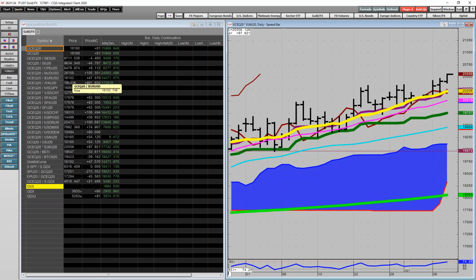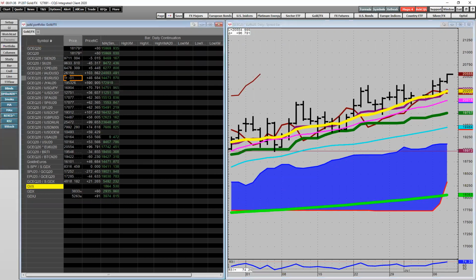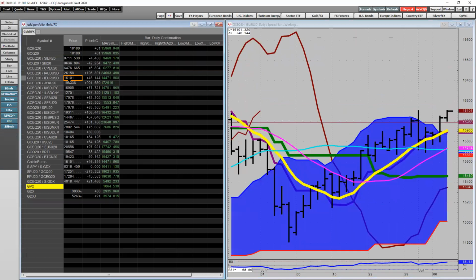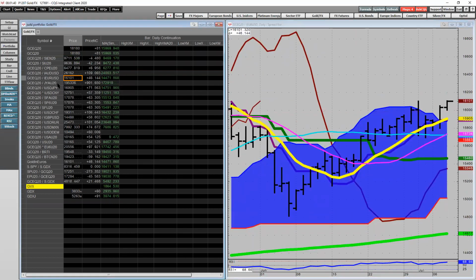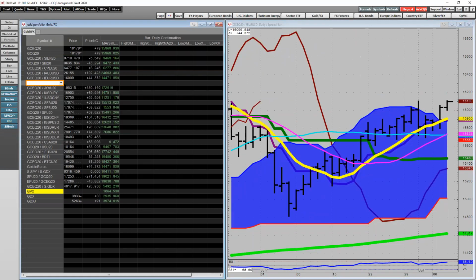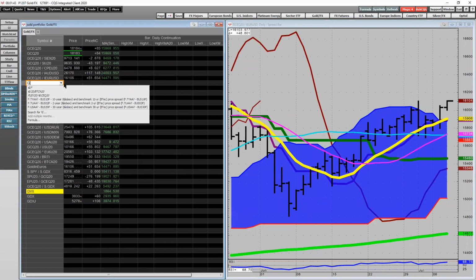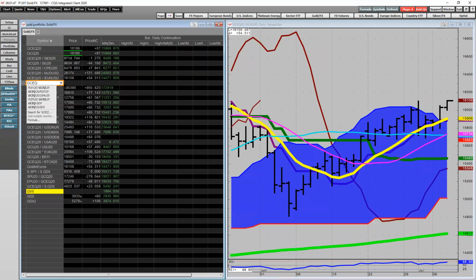But if you look at the cash, the way CQG puts it, for example EUR USD, if you just take that I and make it a 1.